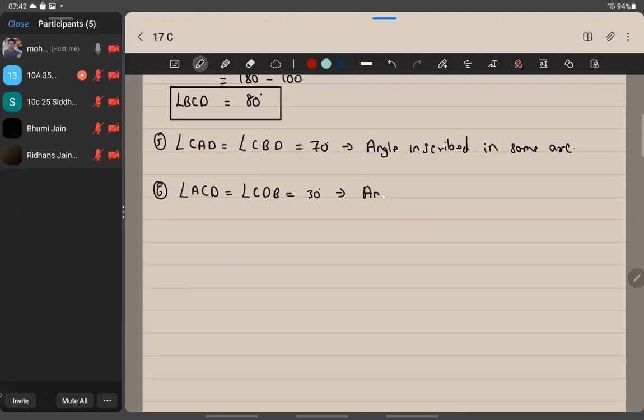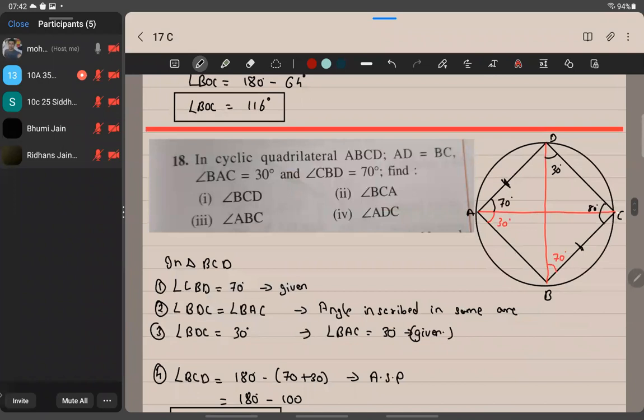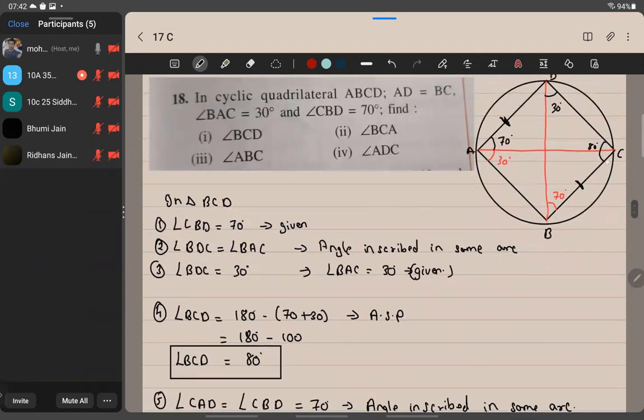Reason, angles subtended by equal chords are equal. See here, this angle CDB is made by this chord BC, and this angle ACD is made by chord AD. Both AD and BC are equal, so their inscribed angles also will be equal. The angle made by them is also equal, subtended angle at the circumference and at the center. We don't have the center, we cannot take that.